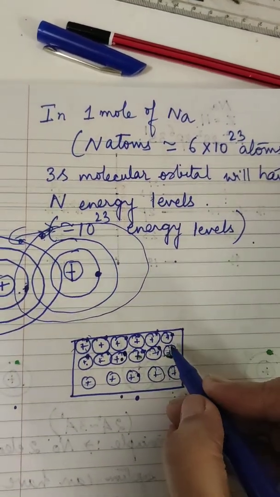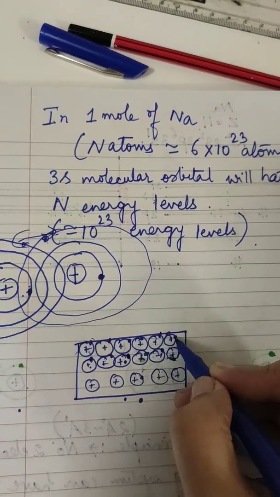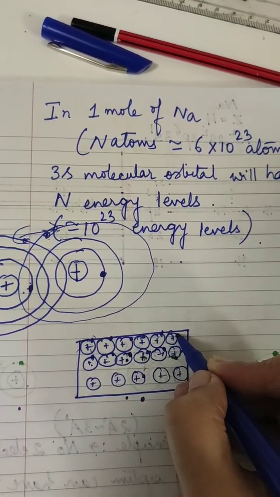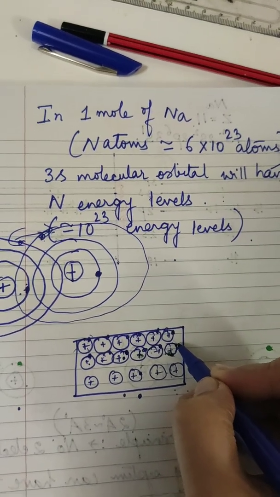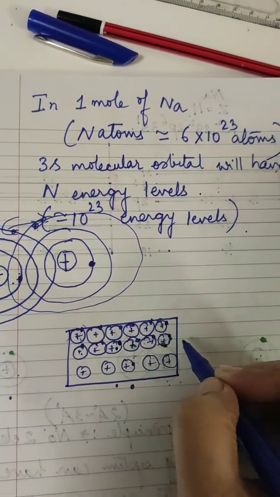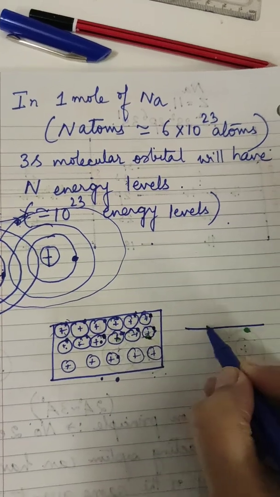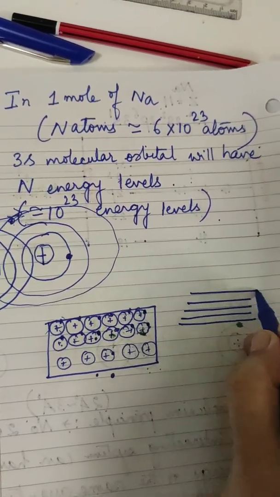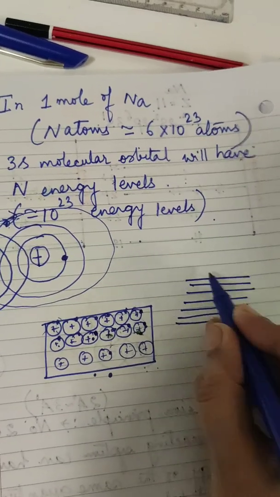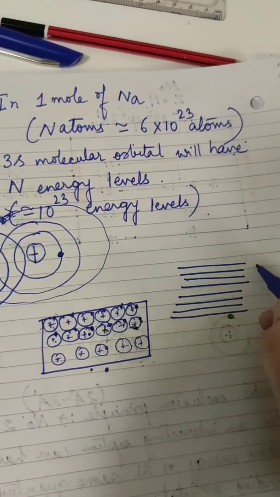Like, the electron in the 3s orbital of this atom will not have the same energy as the electron in the 3s orbital of that atom, thereby causing the 3s orbital to split up into so many energy levels. So how many energy levels?